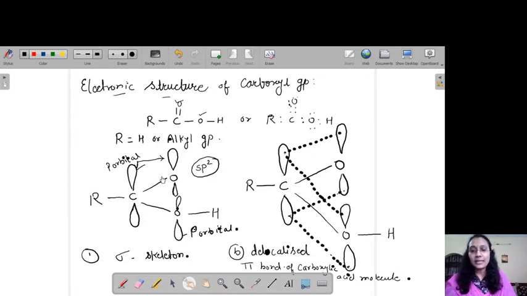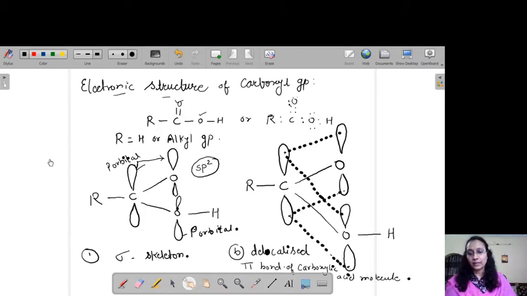Each of the two oxygen atoms and the carbon atom are left with an unhybridized p orbital.